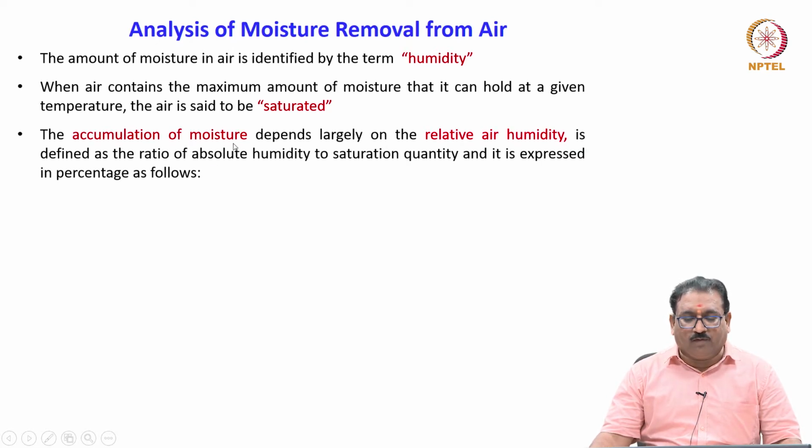The accumulation of moisture depends largely on the relative air humidity, which is defined as the ratio of absolute humidity to saturation quantity, and it is expressed as a percentage as follows.